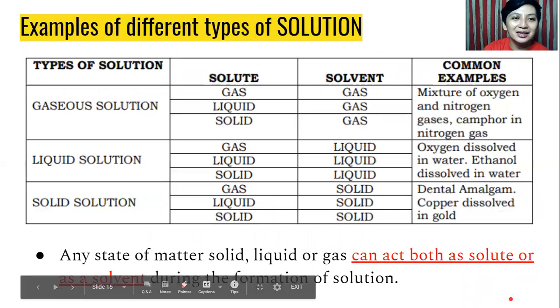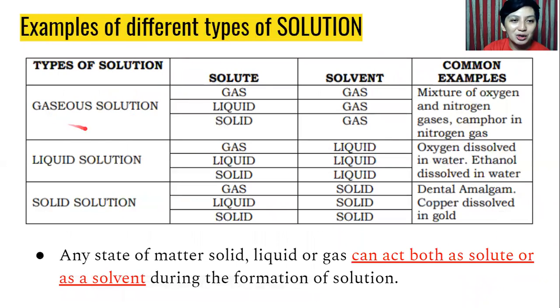Okay, so here are the different types of solution examples aside from what I have given to you a while ago. So we have gaseous solution, we have here the solute, solvent, and then common examples. So gas plus gas, liquid plus gas, solid plus gas. Okay, so mixture of oxygen and nitrogen gases, camphor in nitrogen gas.